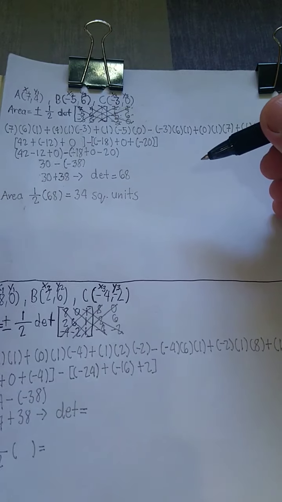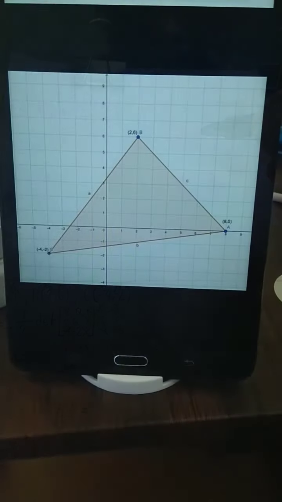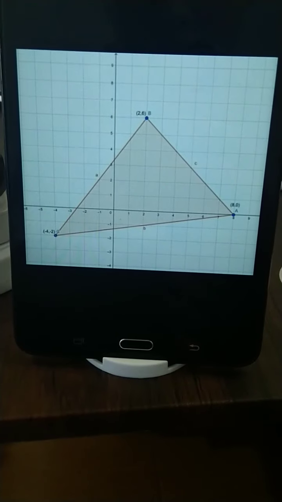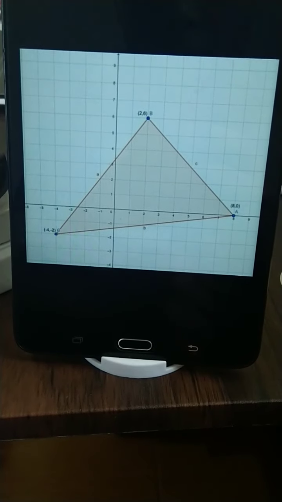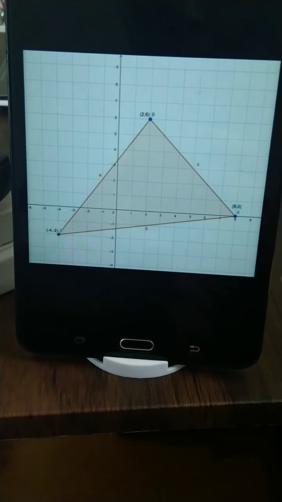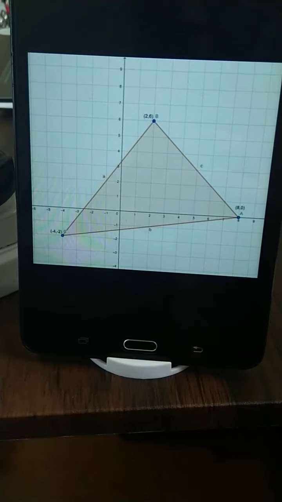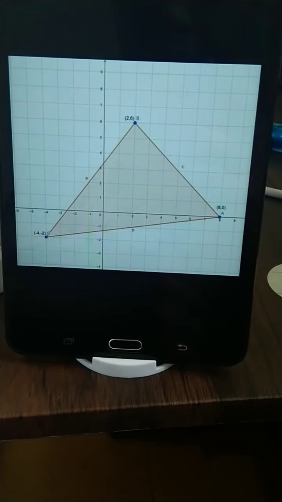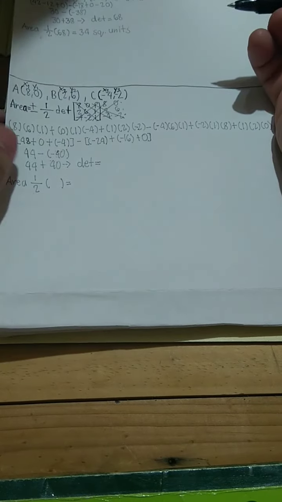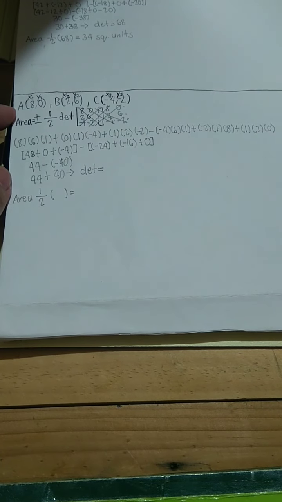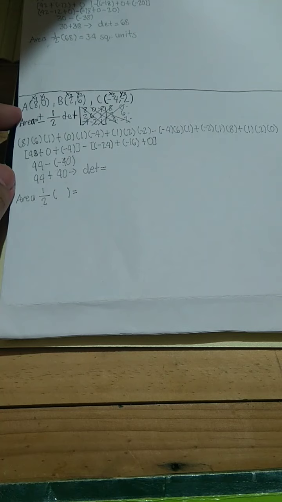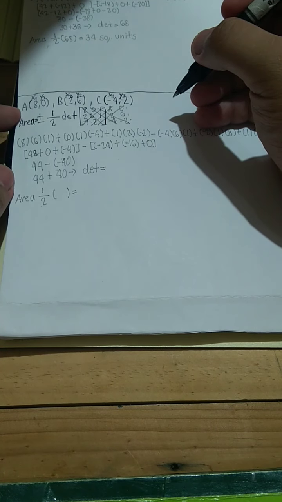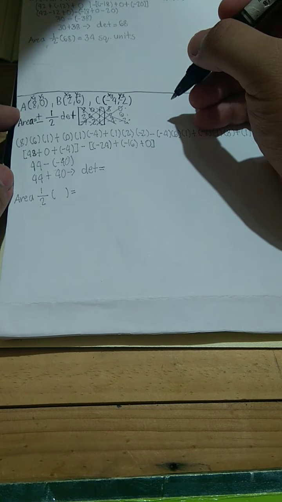Moving to the next example. Now you've seen the whole solution from example 1, so let's look at this second example with this triangle.